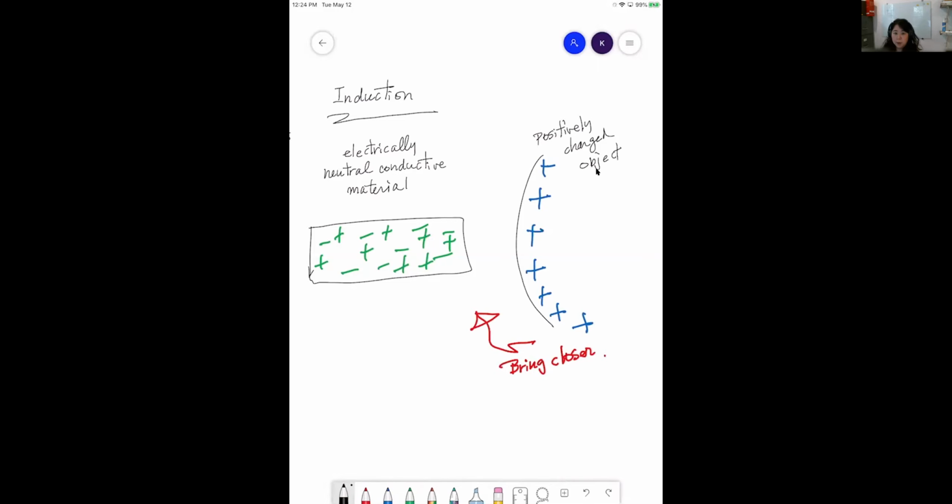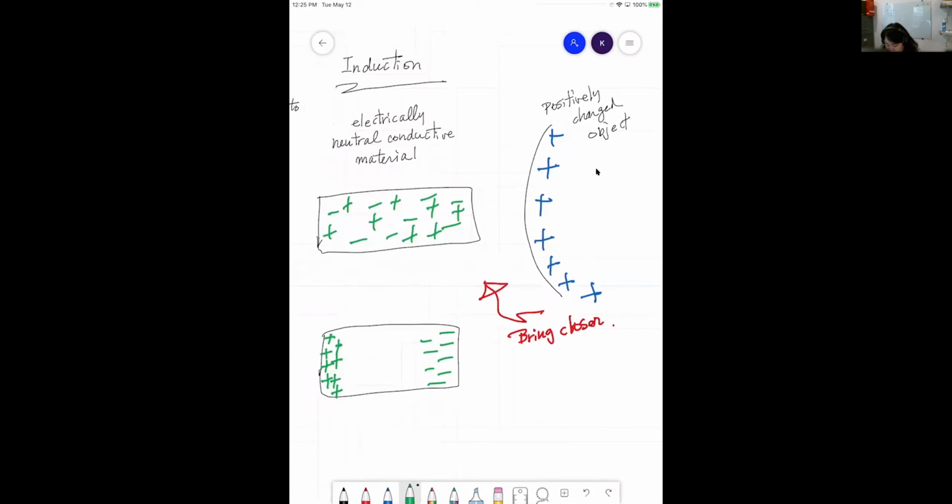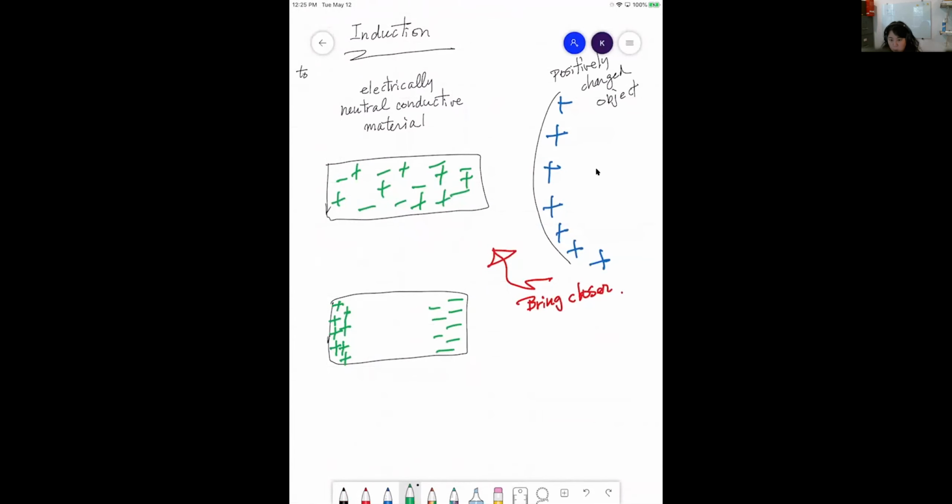Although the number of electrons does not change, they feel the positive that's coming close. So the negative inside the material moves towards it, gets attracted, and the positive will be repelled. It goes to the outside. So this object looks like there is a positive and a negative.